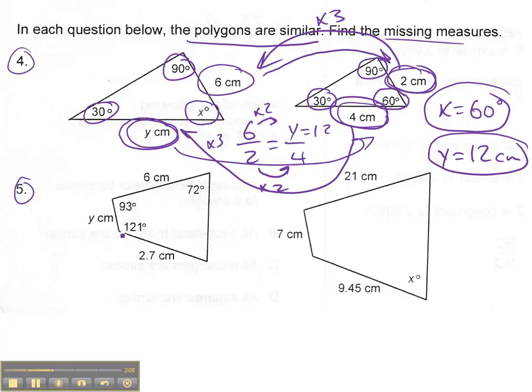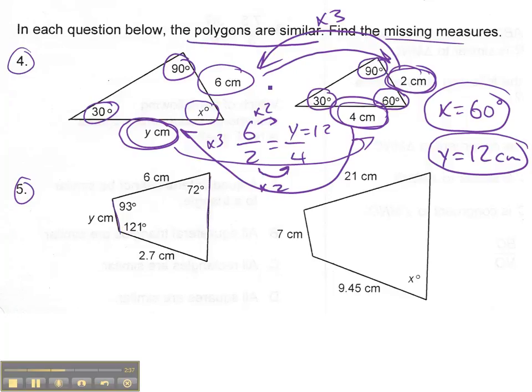Okay, this next pair of polygons, quadrilaterals, they look like trapezoids, but you can see that these sides are not parallel, even if they look like they're parallel at first glance. So the first thing we need to figure out is, are these oriented the same way?